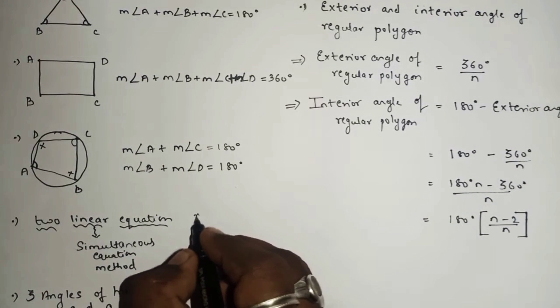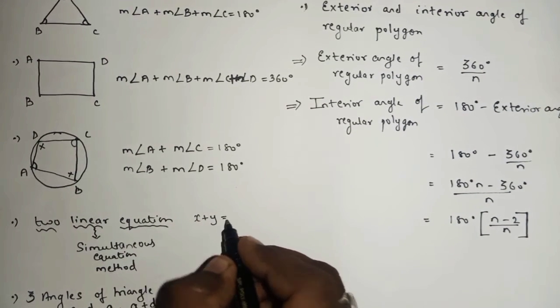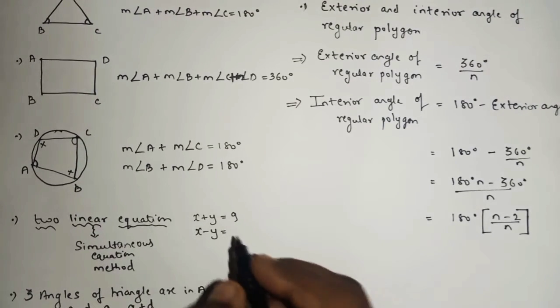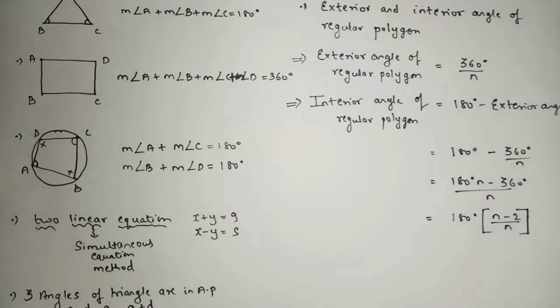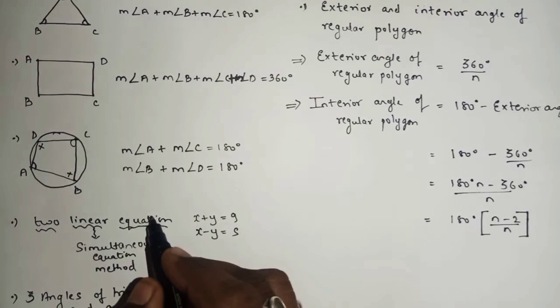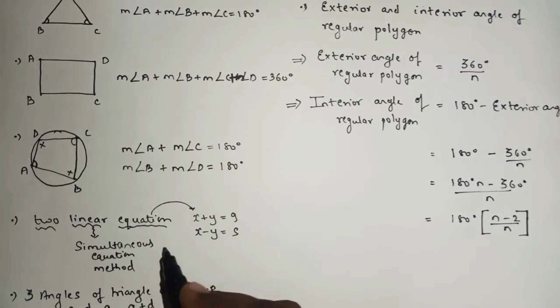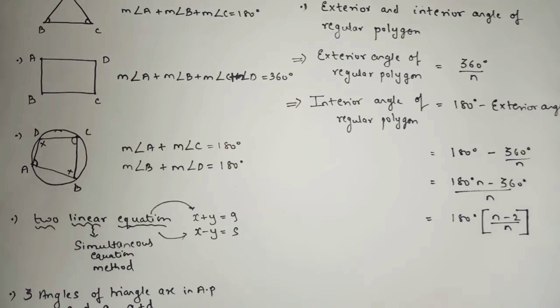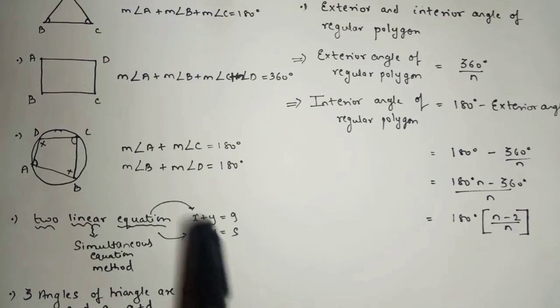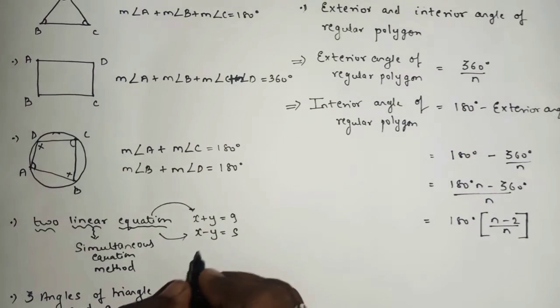Suppose here we have two linear equations like this: x plus y equals 9 and x minus y equals 5. So whenever you come to that conclusion, see to it that you solve these two linear equations simultaneously to get the answer of x and y.